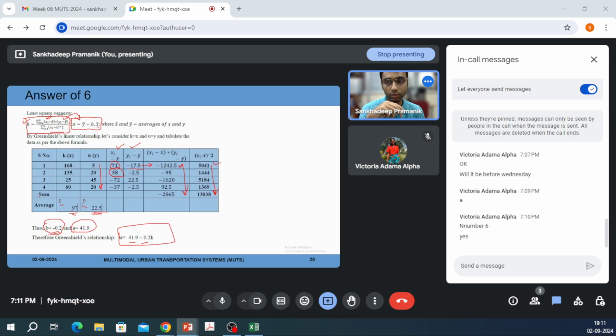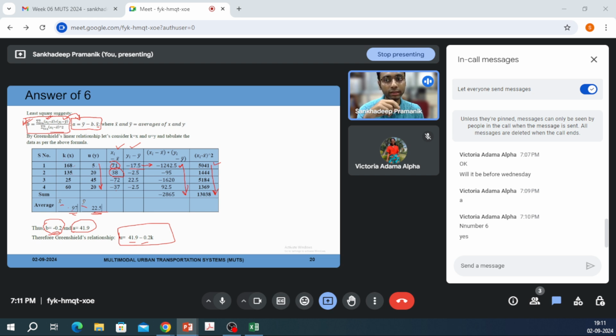Now this k, for calculating this, the equation for b is the sum of xi minus x bar multiplied by yi minus y bar, divided by the sum of xi minus x bar square.